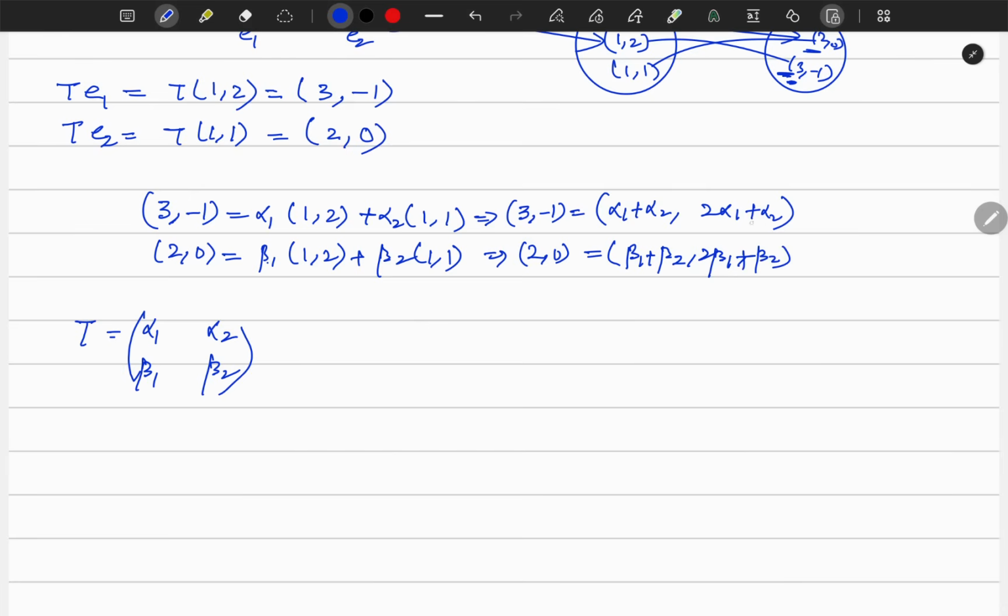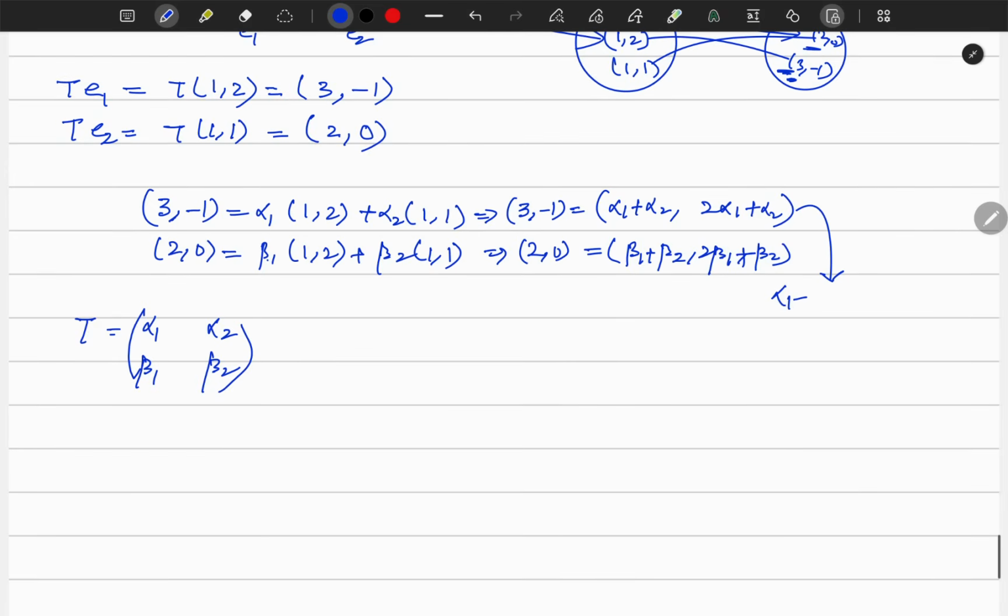So here from the first one you have alpha 1 plus alpha 2 is equal to 3, 2 alpha 1 plus alpha 2 is equal to minus 1. So you can do it in this way, from equation 2 minus equation 1. So you will get here alpha 1 is equal to minus 4, isn't it?